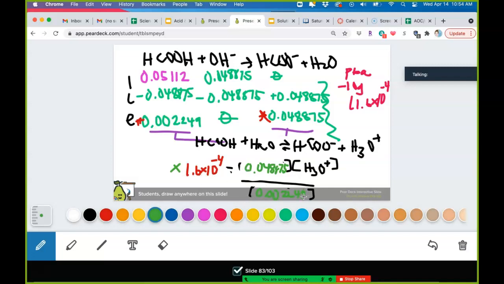Well, if you know H3O plus, you can find pH. The H3O plus comes out to be, doing it this way, 7.36245 times 10 to the negative 6. Well, if I take the opposite log of that, I'll get pH. Oh, it does come out better. It's 5.133 actually.